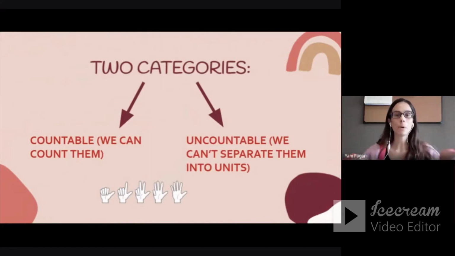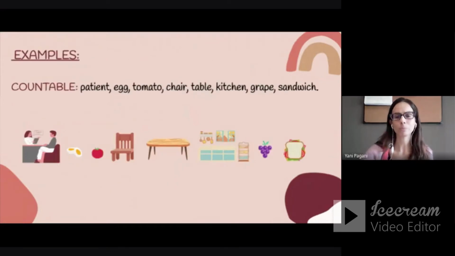We can separate them into units. And on the other side, we have uncountable nouns. These types of nouns are the ones we can't count, so we can't separate them into units. Let's see some examples of this.